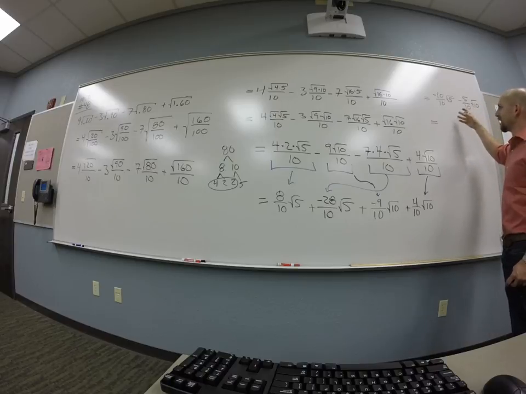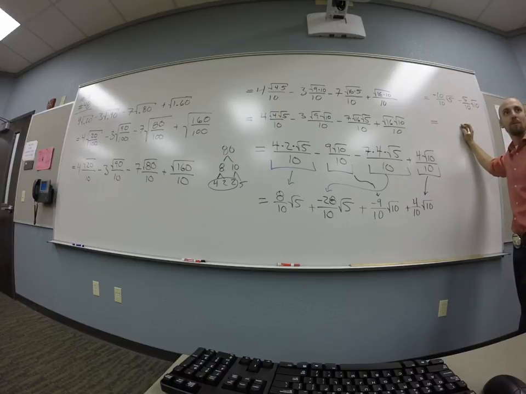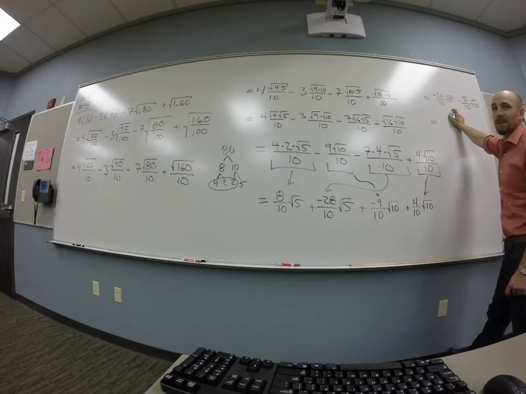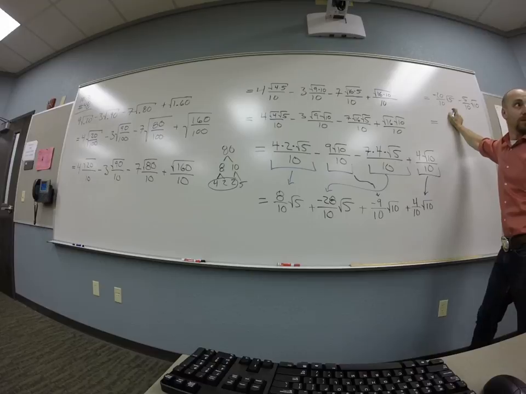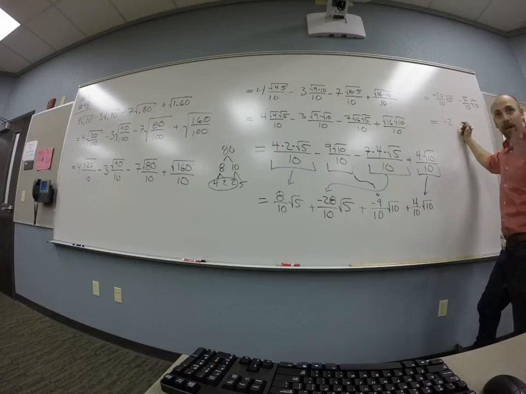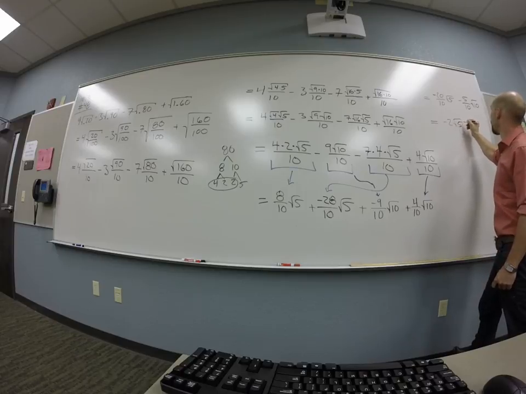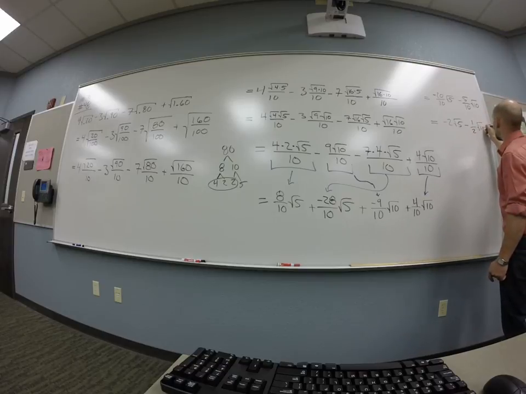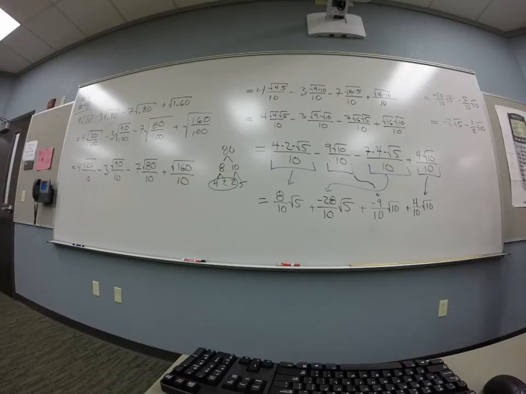I think, though, that this says I should probably cancel something at least. So if I canceled this guy out, what have I got? Yeah, that looks like negative 2, right? Keep the square root of 5. And then I've got minus, what's this guy work out to be? 1/2 root 10. You guys all see that?